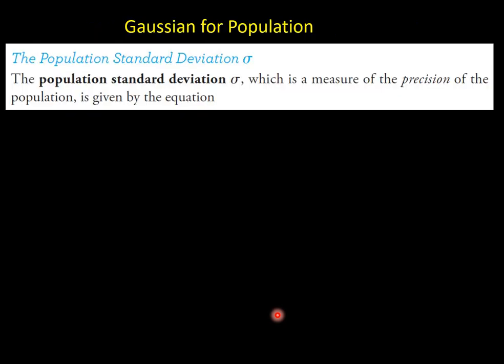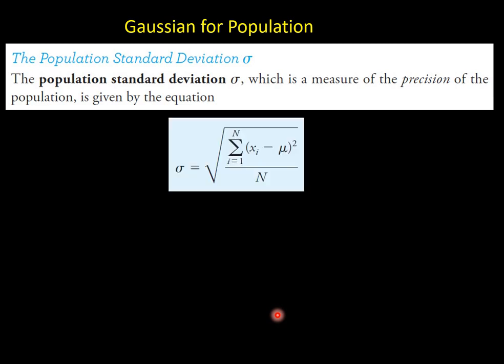Now we will start with the Gaussian for the population first, then we will go for the sample. The population standard deviation sigma, which is a measure of the precision of the population, is given by the equation: the square root of the summation of (xi minus mu) squared, divided by n.